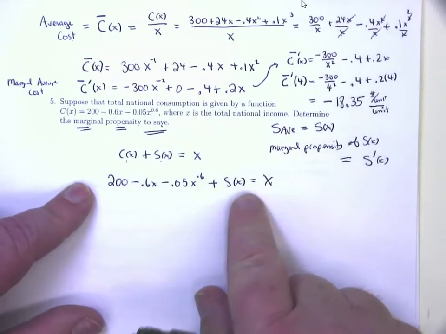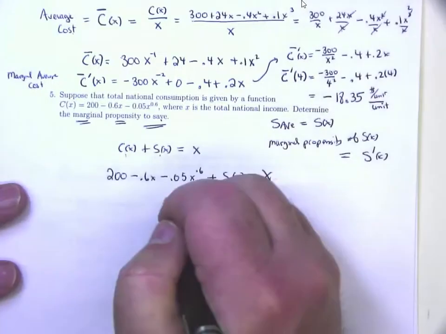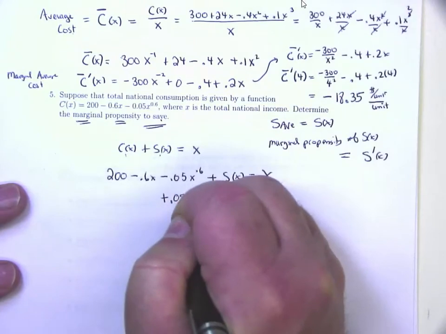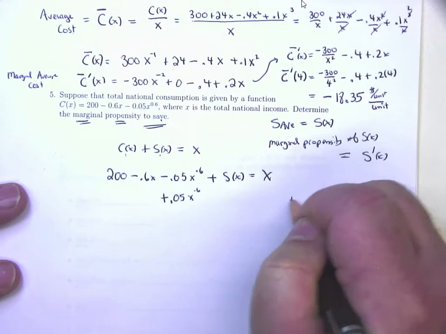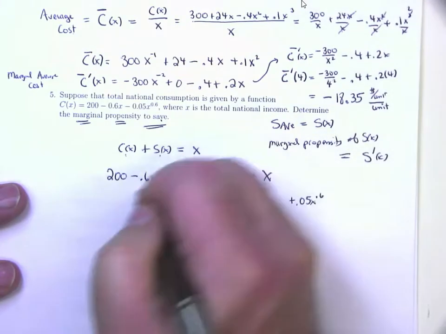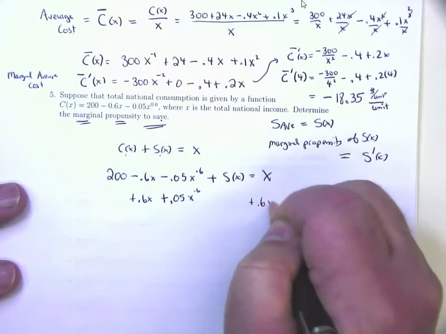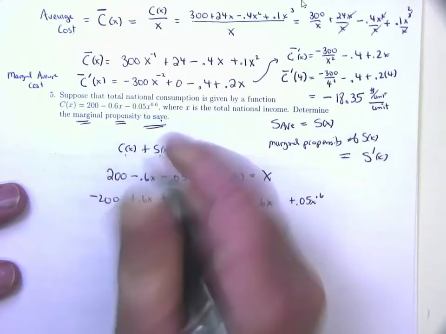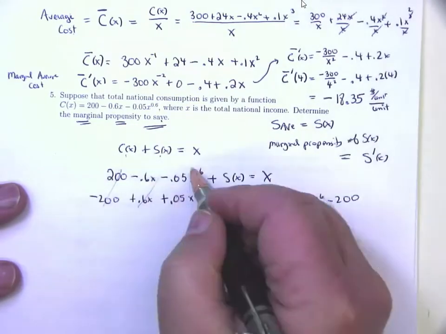So I want to find S prime of x on this one. Let me show you what I'm first going to do, which is solve for S of x. To solve for S of x, I'm going to add 0.05x to the 0.6, add 0.6x to both sides, and subtract 200. I'm moving all my other terms to the other side. This cancels, this cancels, this cancels.